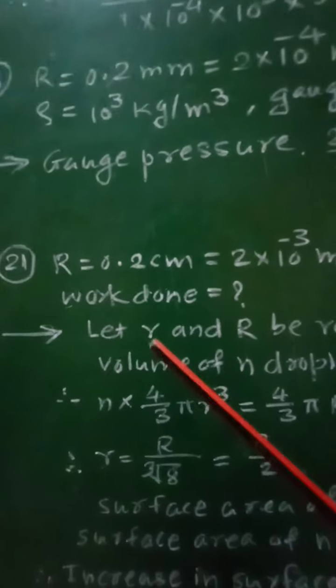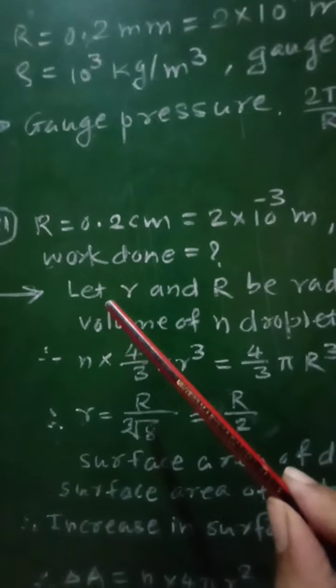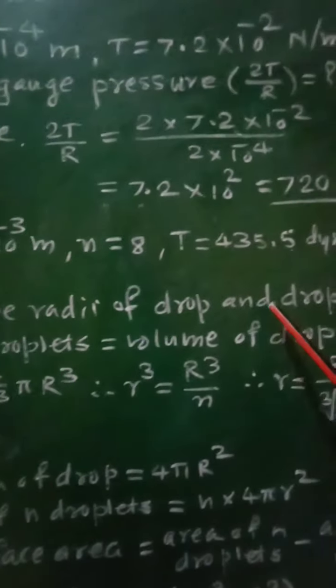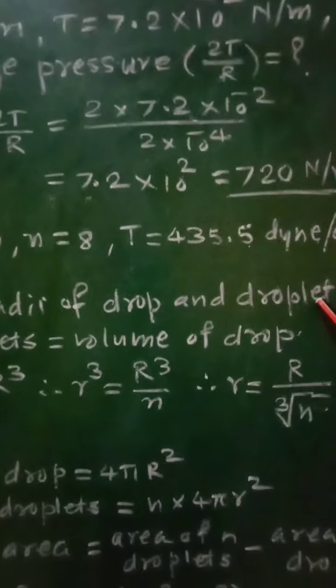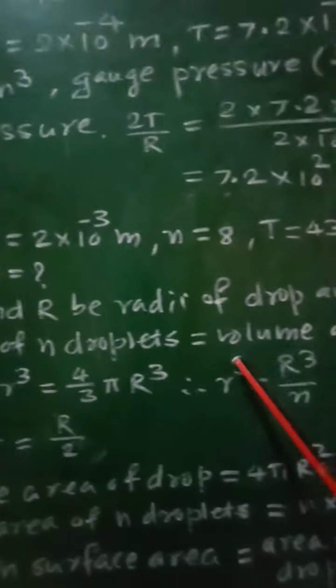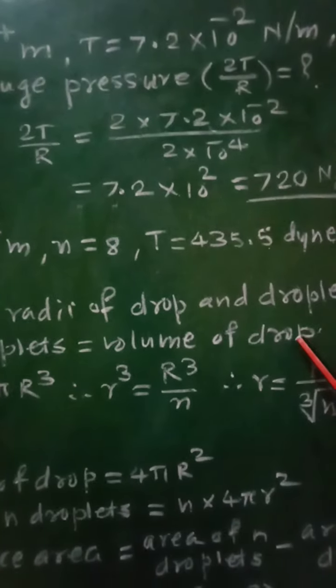And therefore, let us consider capital R and small r be the radii of drop and droplet respectively. Then volume of n droplets will be equal to volume of one drop.